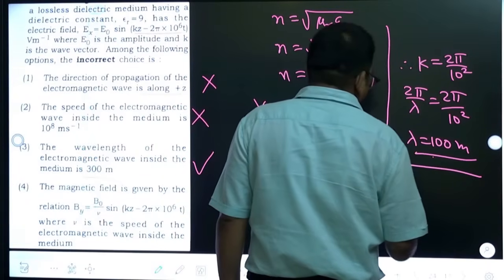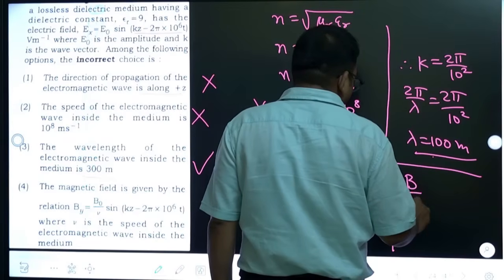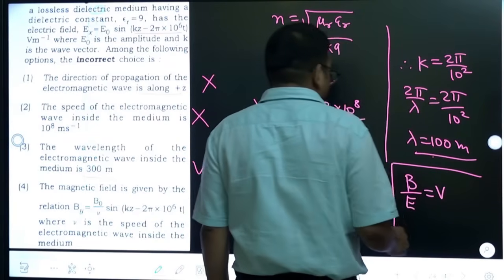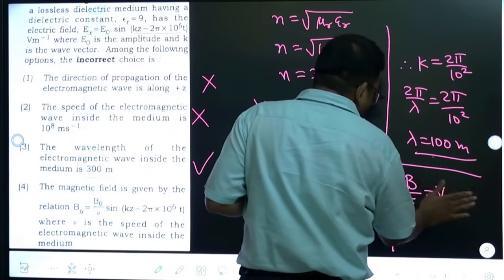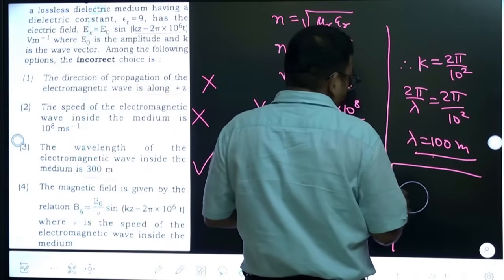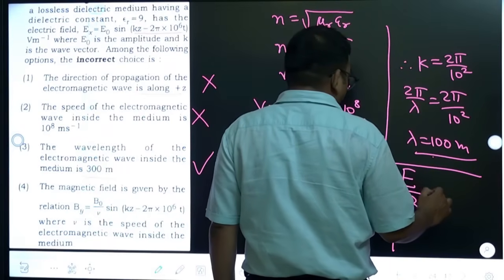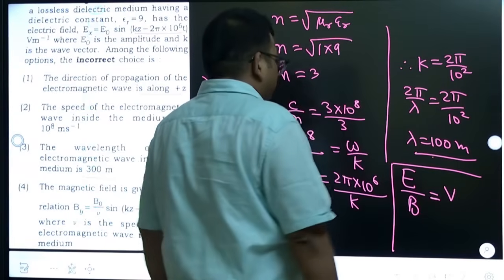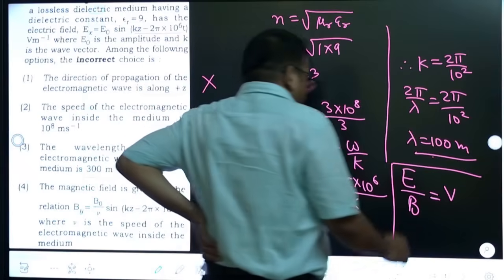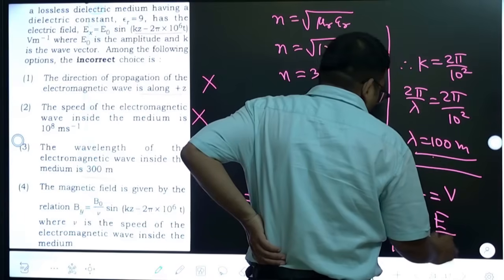What is the B by E relationship? I think E by B relationship it is. E by B is equal to c or v, right? This relationship is there. So B is E by V.